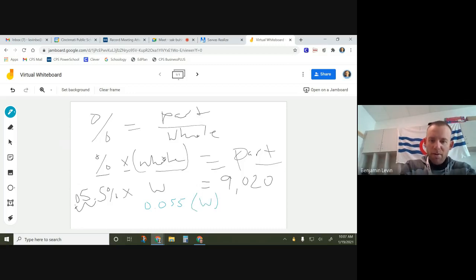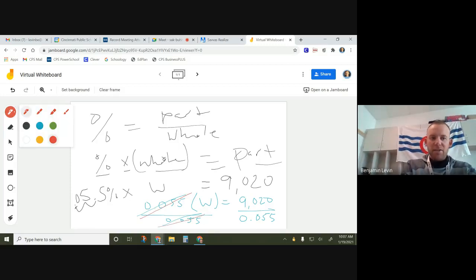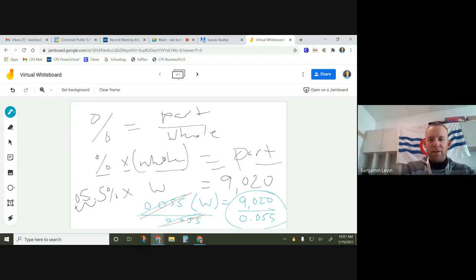times the whole equals the part. So all we need to do now is divide both sides by 0.055. Obviously, the 0.055 on the top and on the bottom cancel each other out. So this right here is going to give us our answer. We just need to put that into a calculator here.